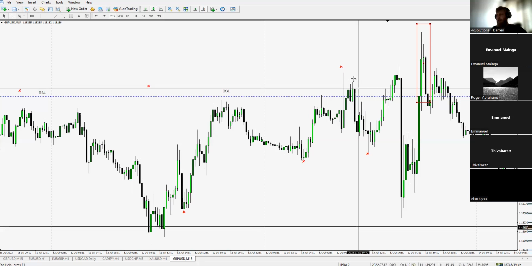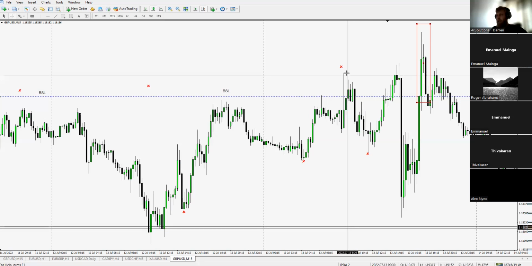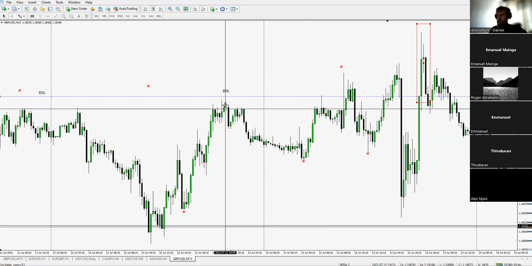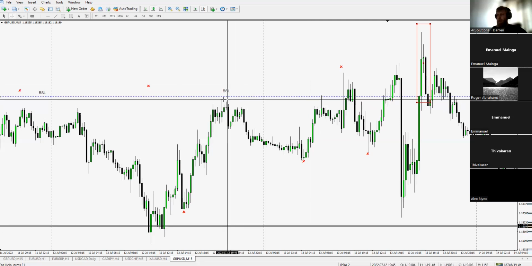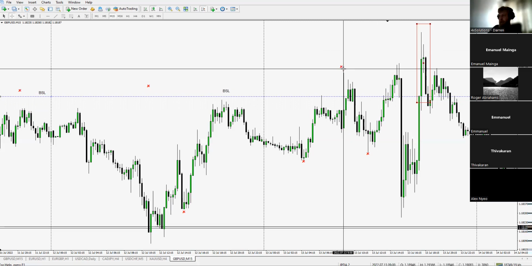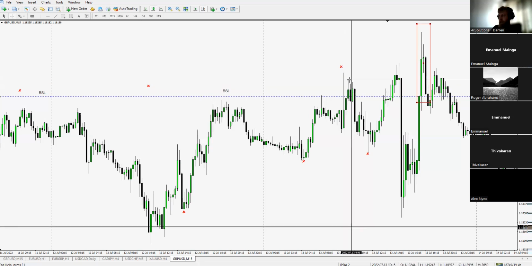If you're taking a trade over here and you're watching price trade up above these highs, because this was the high of the previous day, price decides to raid 20 pips. Between 10 and 20 pips is generally a sell side or buy side liquidity raid, and boom, price decides to reject. So somewhere over here you'd be looking to sell this and placing a stop above this high, any of this price action over here.